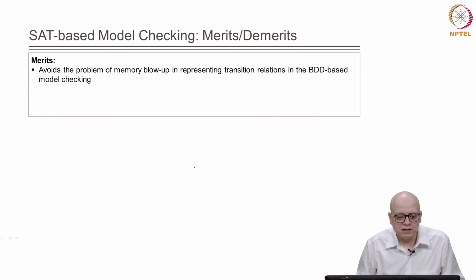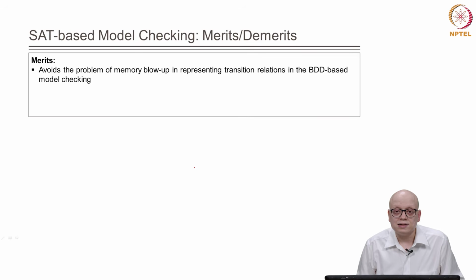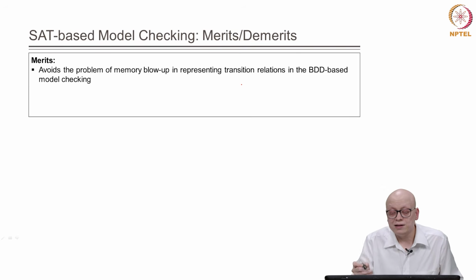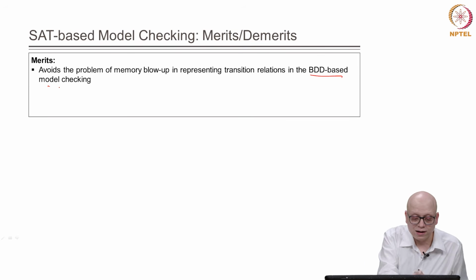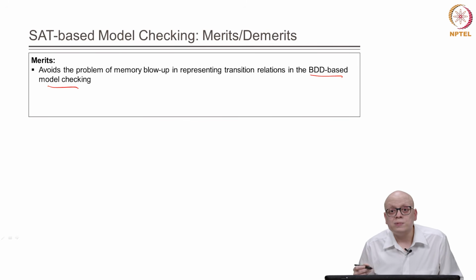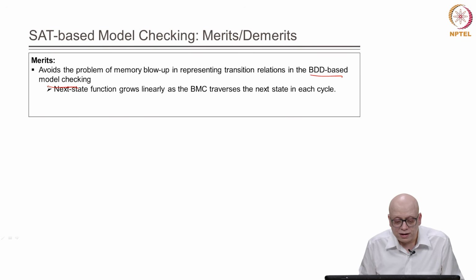So, the merit of model checking using this SAT technique, or bounded model checking, is that it avoids the problem of memory blow up that may happen in BDD based model checking. We are not representing the transition relation and doing image computation, and therefore, the memory blow up problem can be avoided.